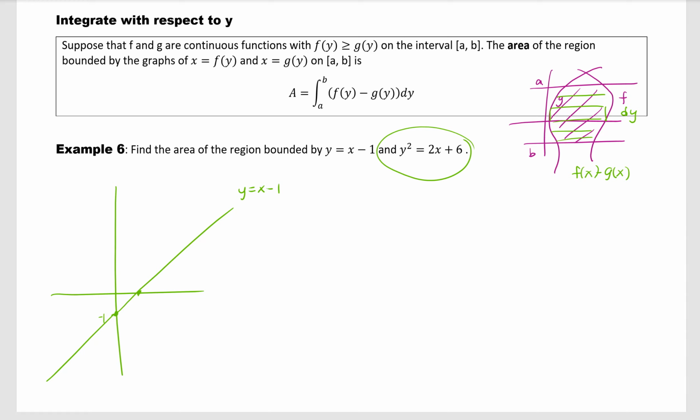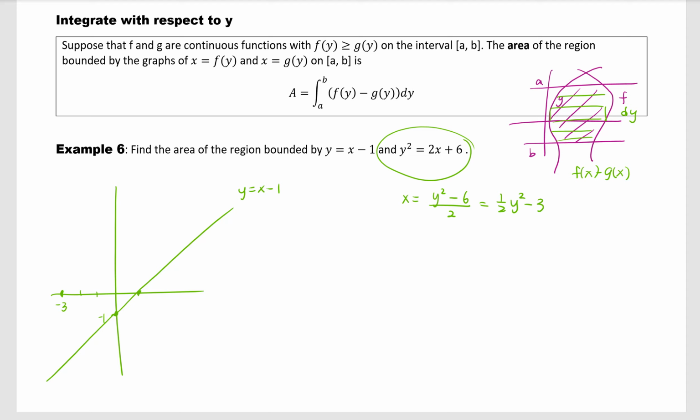So we can solve for x. x is y squared minus 6 over 2. So this is like 1/2 y squared minus 3. Can you see when we plug in y equals 0, we get x is negative 3. So negative 3 is here.